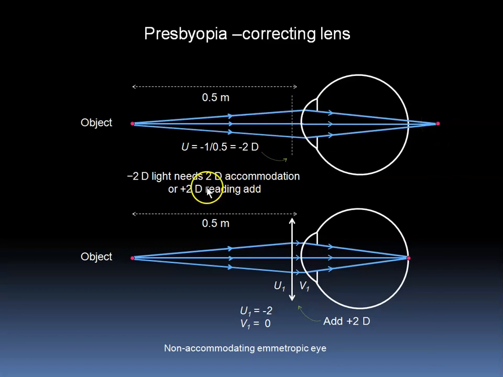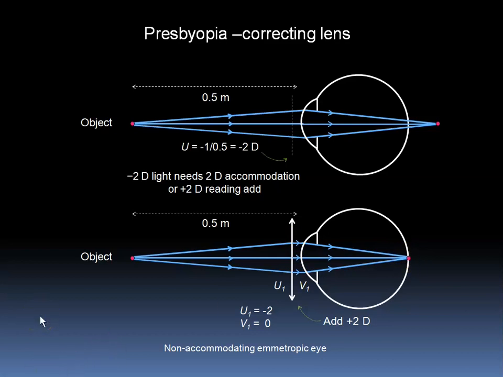If we add a +2 reading glasses in front to compensate for the -2, then we would turn the divergent rays into non-vergent rays, leaving the glasses, and then entering the eye so that it is focused onto the retina.